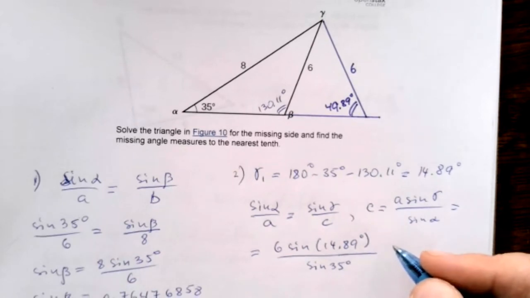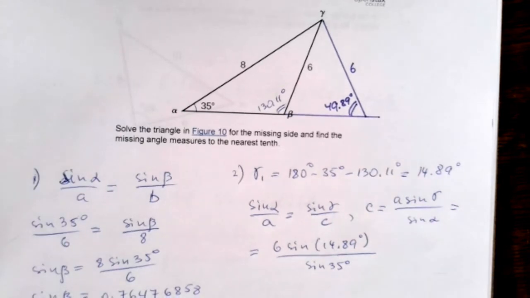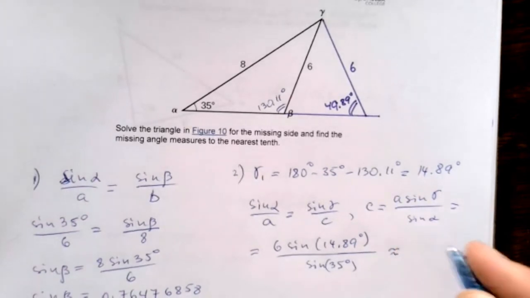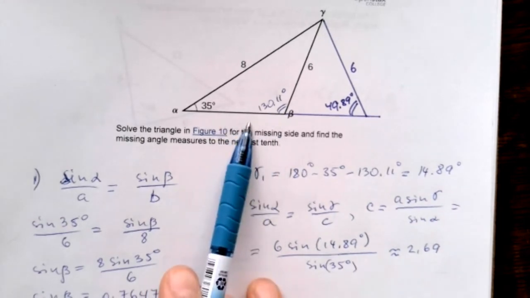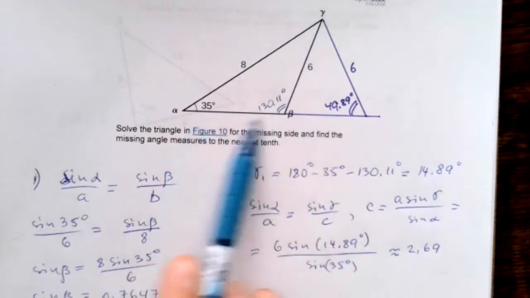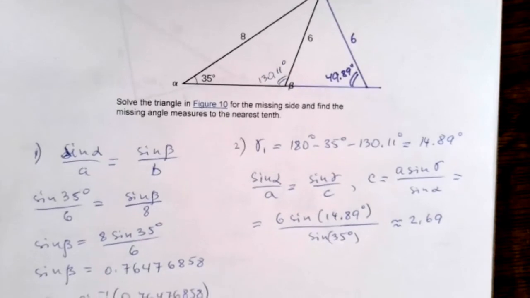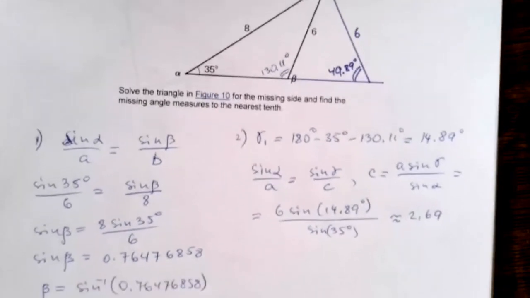And that is going to be approximately 2.69 units. So this angle is going to be very sharp, and this side is going to be very small, because the sides are proportional to the angles across from them.